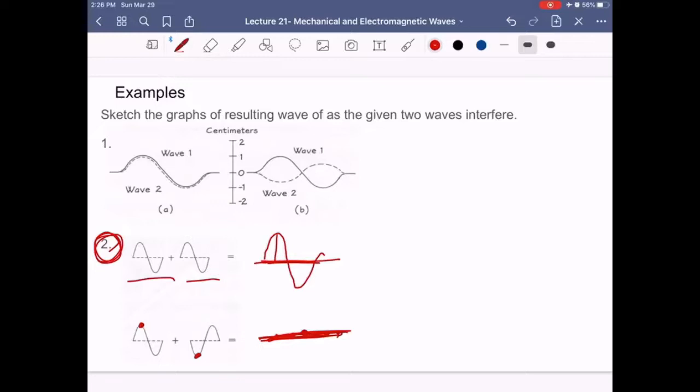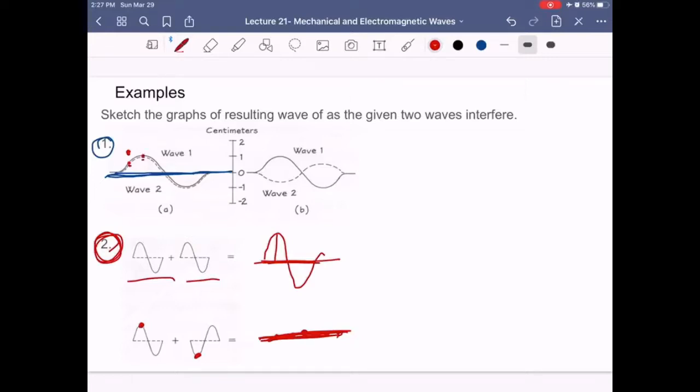In the first example, we have a dotted line and a solid line representing waves. If we add those up, again, we talked about this. Let me first draw a straight line here, the equilibrium position. Then if we add up, for example, those two points to each other, we will get the distance. So here is the corresponding resultant wave.